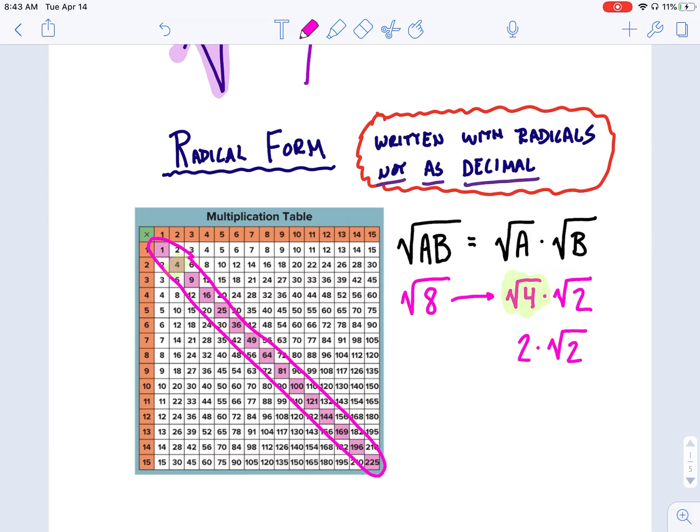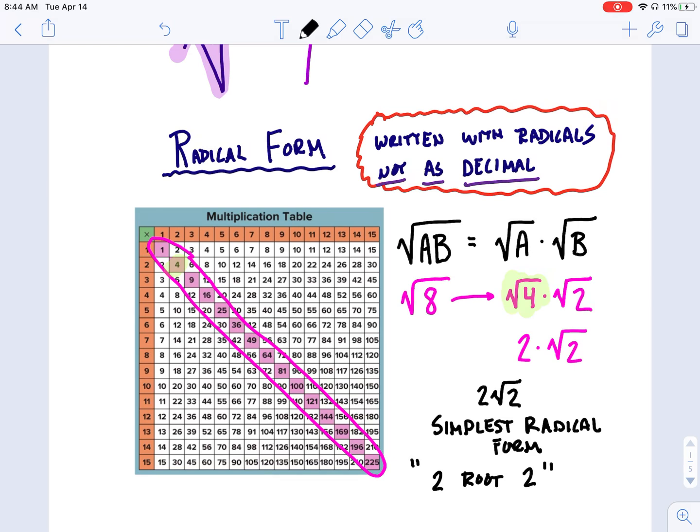So this right here, 2 times the square root of 2, is in simplest radical form. We might also say that as 2 root 2.